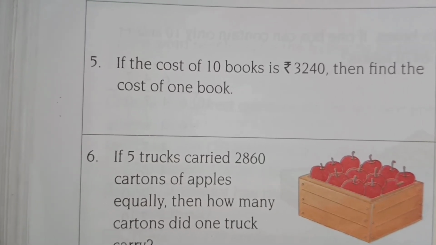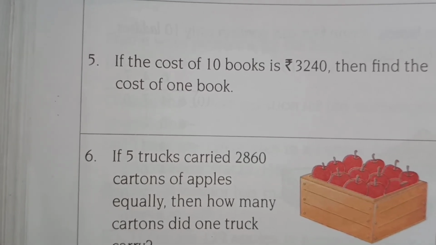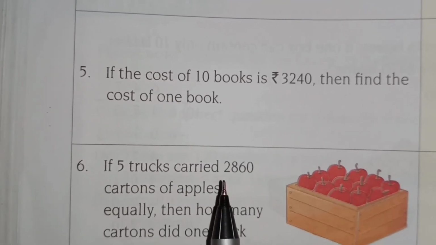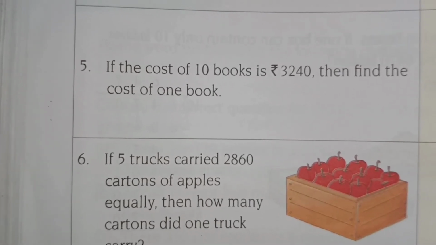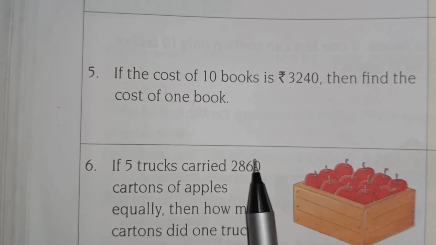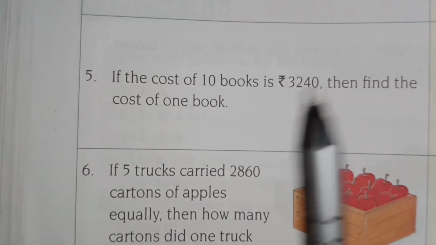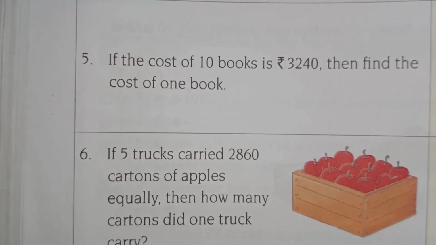So what do we have to do? We have to divide 2860 cartons of apples by 5 trucks. This is your dividend, this will be inside, your divisor will be outside, and you will divide and get the answer, and that many cartons will be there in one truck.